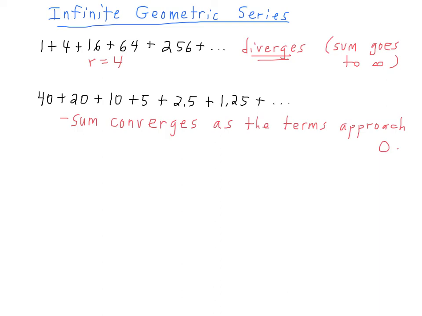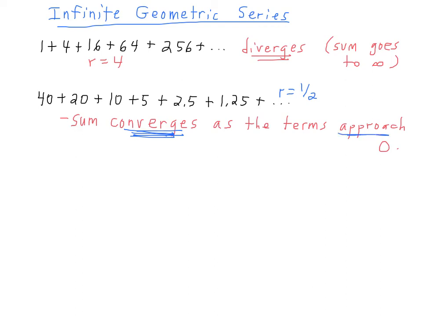However, if we were to consider this second example, 40 plus 20 plus 10 plus and so on, you can see here that the r value is 1/2. So we're multiplying by 1/2 to get the next term. Here we say that the sum converges. It's going to approach a single value as notice our terms get smaller and smaller and smaller.